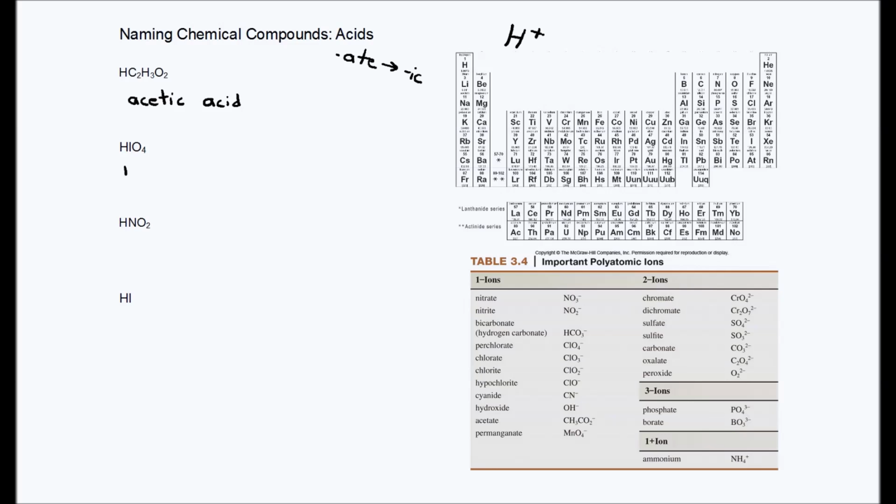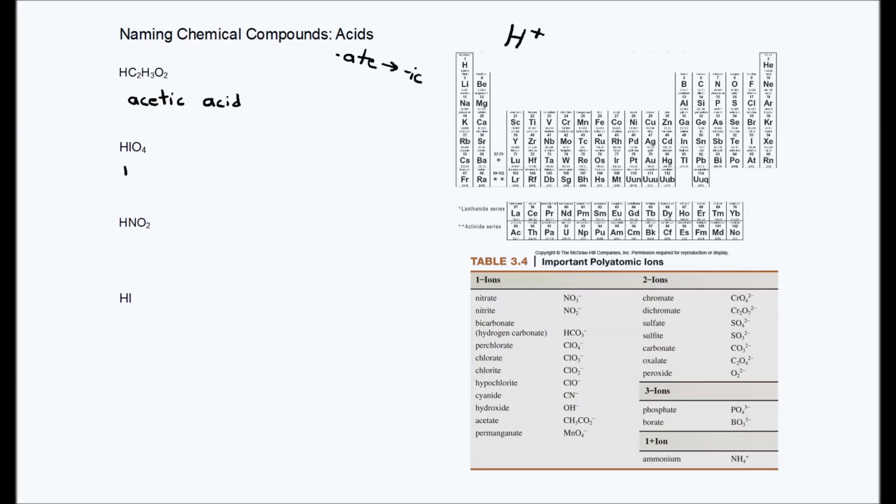HIO4. Again, it's an acid because the H comes first. IO4 is not on here. However, what we see is a family of a different halogen. ClO4 minus, ClO3 minus, ClO2 minus, ClO minus. Well, it turns out that that trend exists for all the halogens. All the halogens have those four. In other words, there's an IO4 minus, an IO3 minus, an IO2 minus, and an IO minus, and the naming's very similar. The first one here is perchlorate, so for the IO4 minus, it'd be periodate.